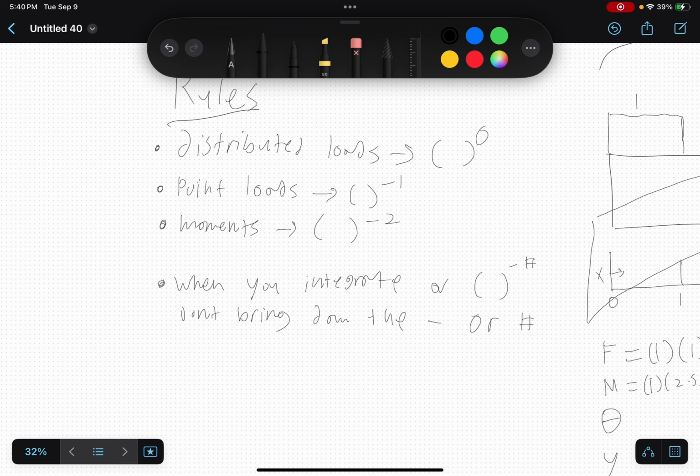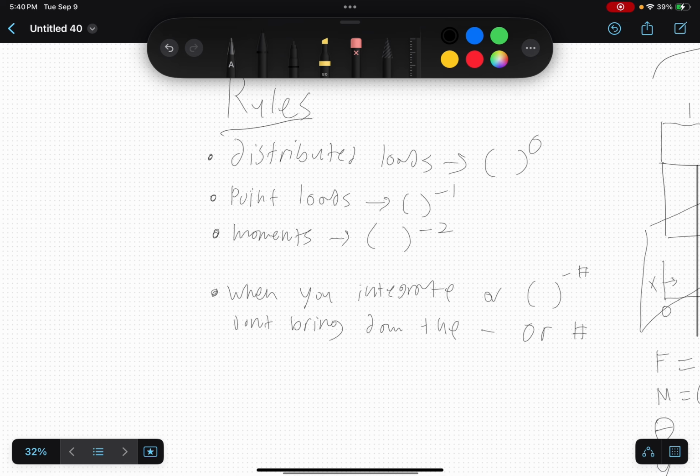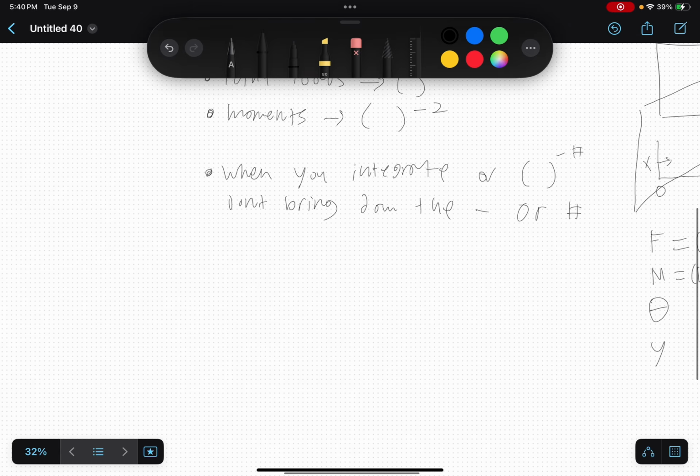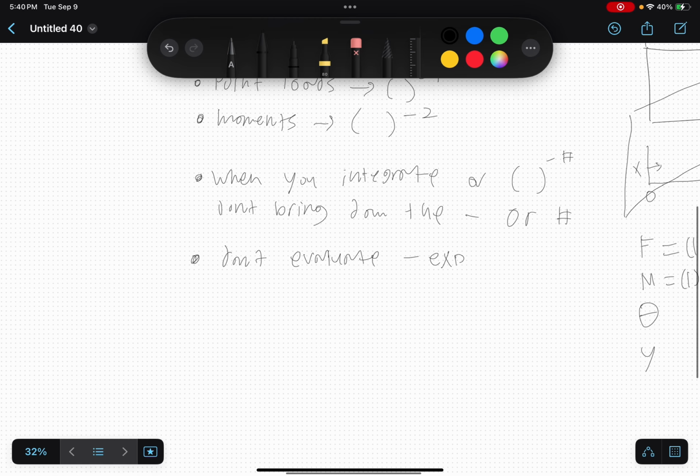That seems very weird, but when I go into the example, it'll make more sense. Another rule, don't evaluate negative exponents. Again, weird rule, but it'll make sense later on.